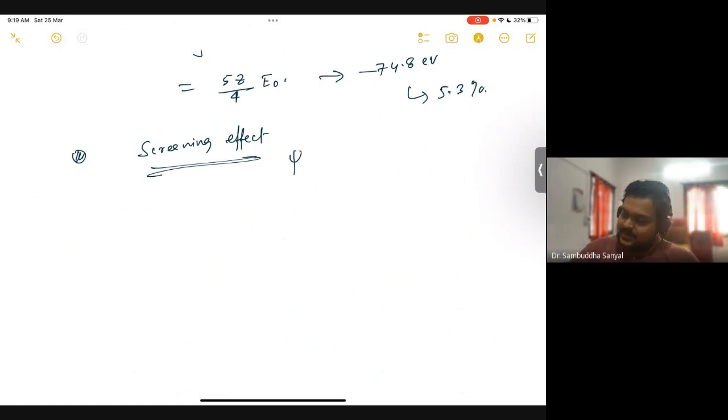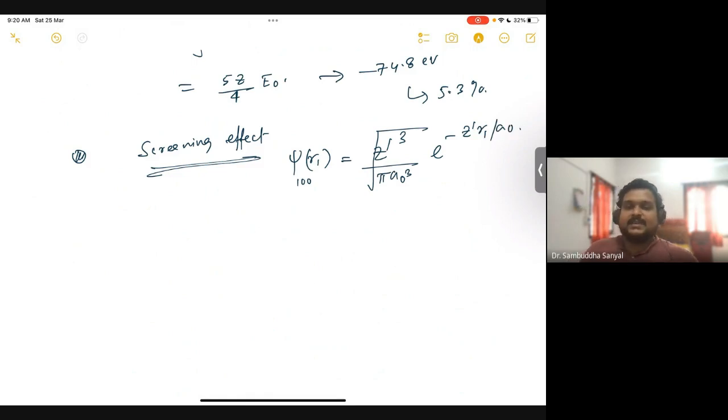If I include the screening effect, my psi(R1) will instead be Z prime cubed by pi a naught cubed, square root, e to the power minus Z prime R1 by a naught. So instead of Z, I now have Z prime.